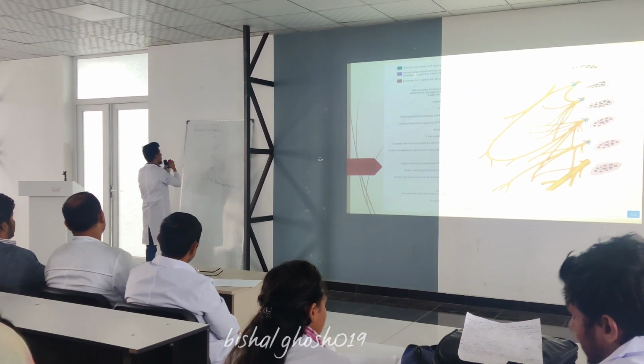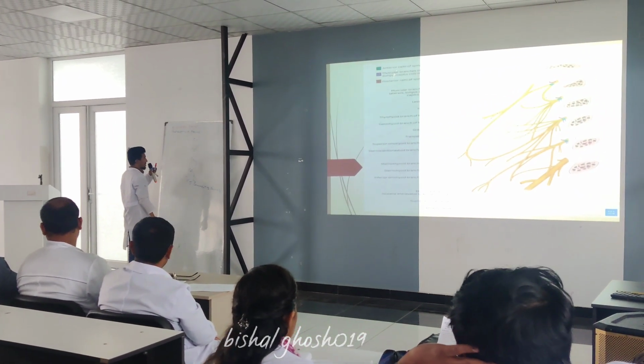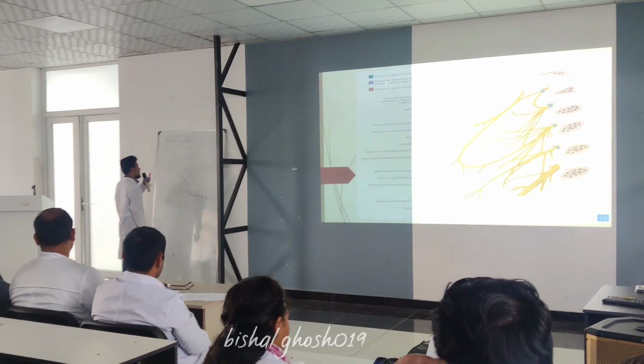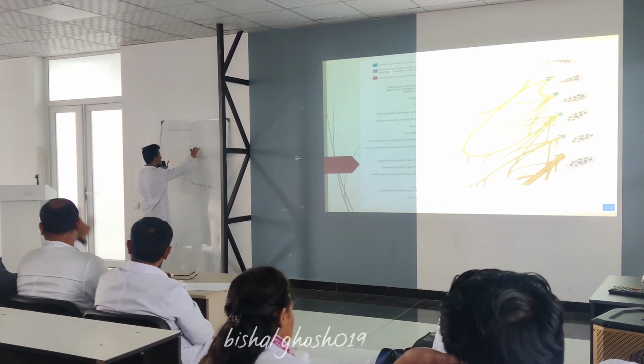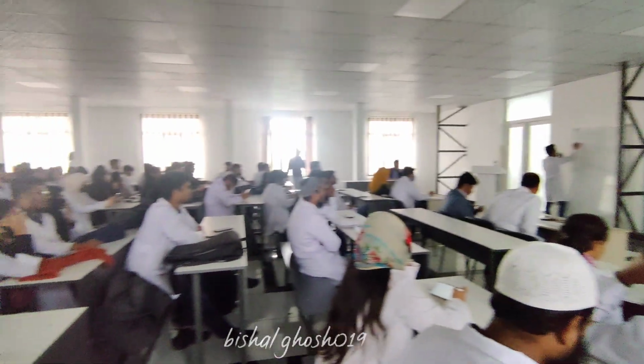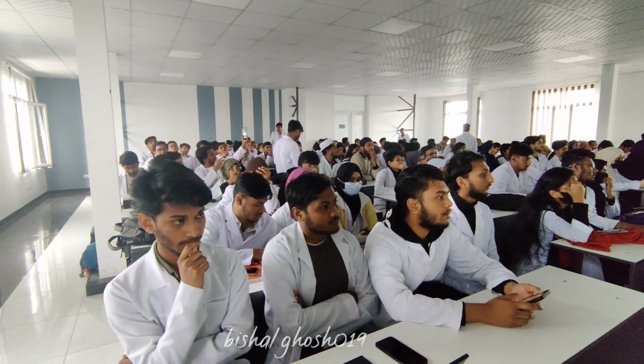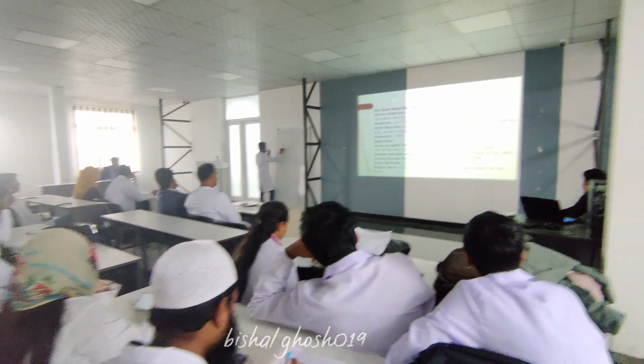At first, we are going to make the subcutaneous nerves. There are 4 subcutaneous nerves in our cervical plexus, and 3 arise from the communicating branch of the nerve roots C2 and C3. The first one is the greater auricular nerve, and the second one is the lesser occipital nerve.